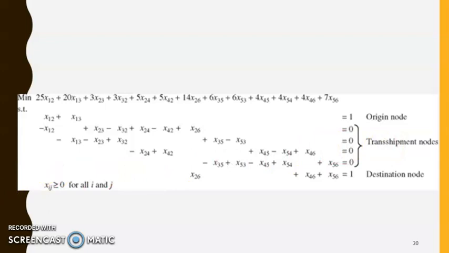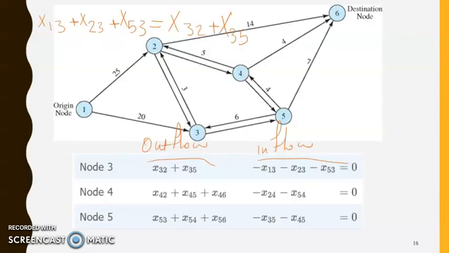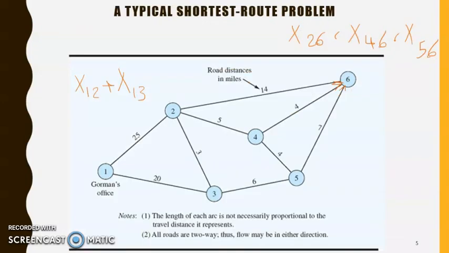Okay, now we are done with the modeling of the shortest route problem that we just had. When you solve this model, automatically it would tell you the best route from origin to the destination. With the logical way that you define your constraints, you can be sure that when it gives you the answer, you will have a path.